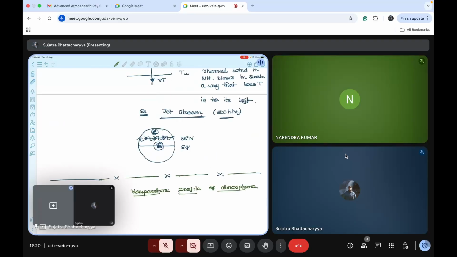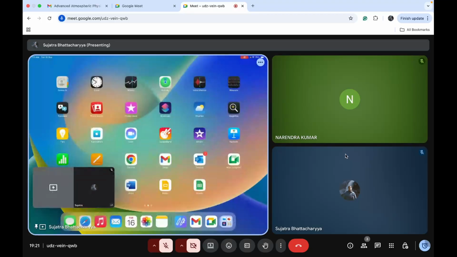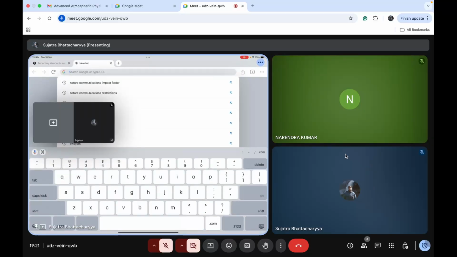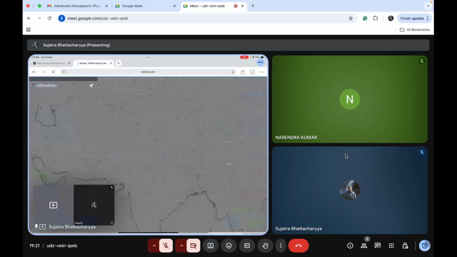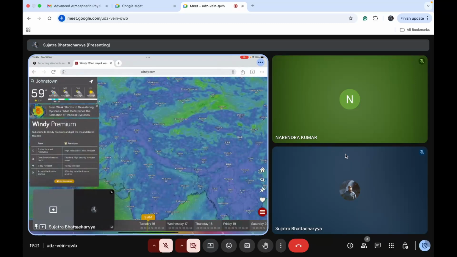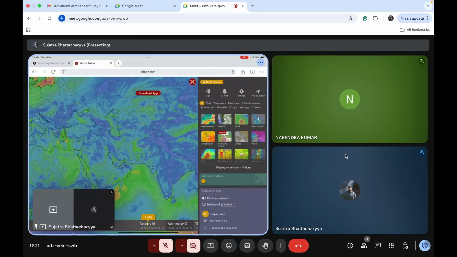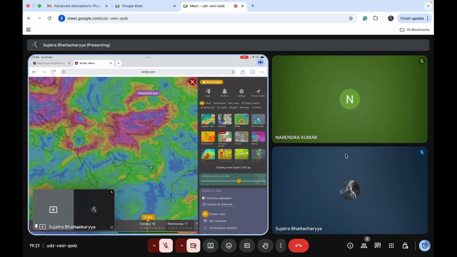Okay, just before going to that, let me see whether I can show you this jet stream. Let me change the height to 500 hectopascals, which is about an elevation of 5,500 meters.